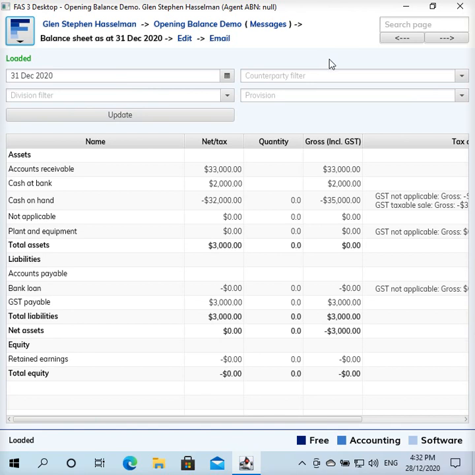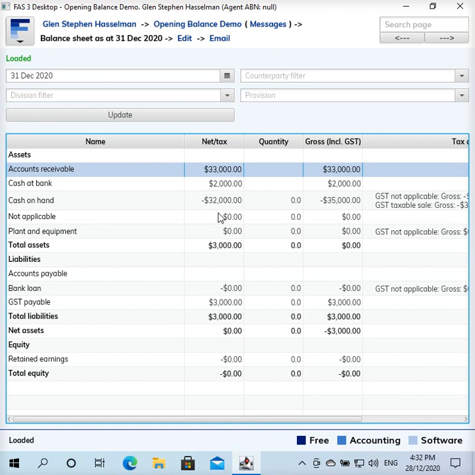And we've got now our accounts receivable. We've got the $3,000 GST payable that relates to that, and cash on hand is $32,000 credit.